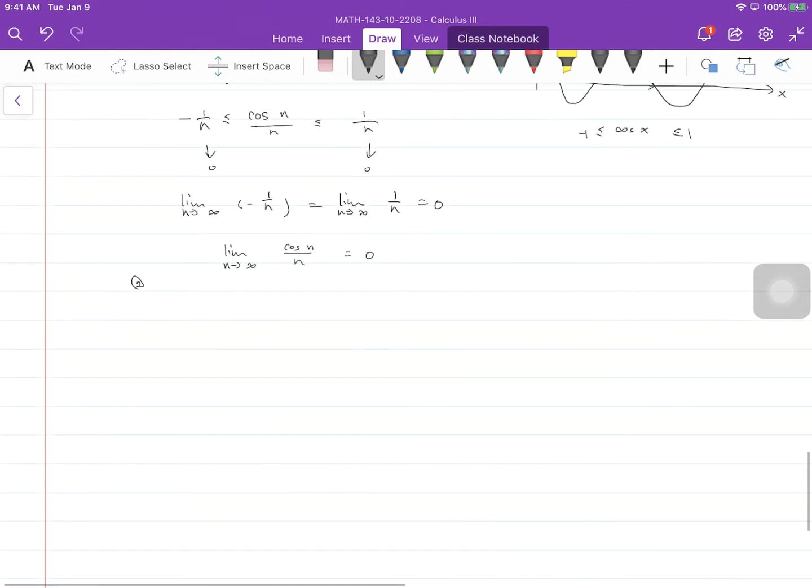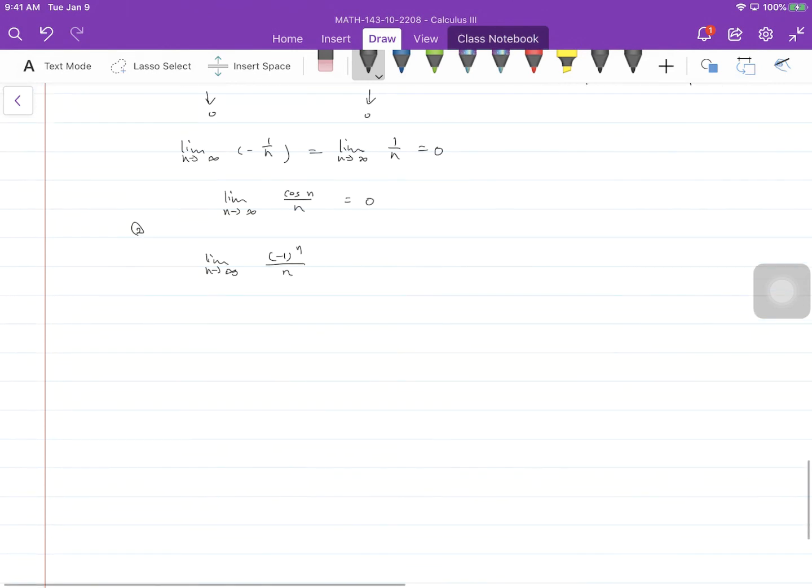The next one, n goes to infinity, -1 to the n over n. Okay, let's take a look at this sequence. Even though this is alternating, positive, negative, right? But let's take a look. -1 to the power n equals -1 or 1, so it's always greater than or equal to -1, less than or equal to 1, right?